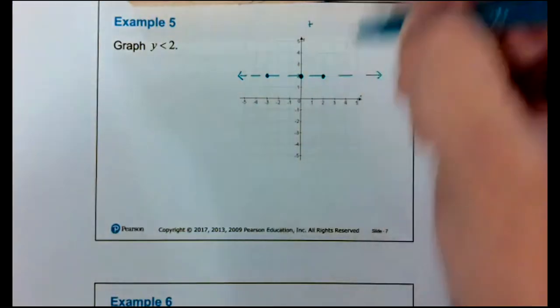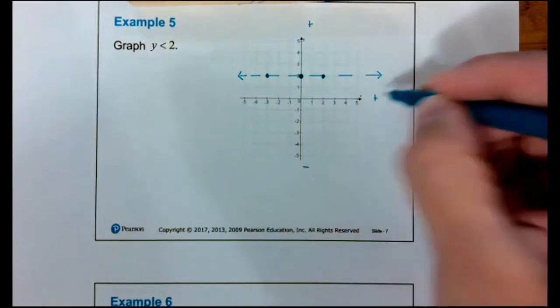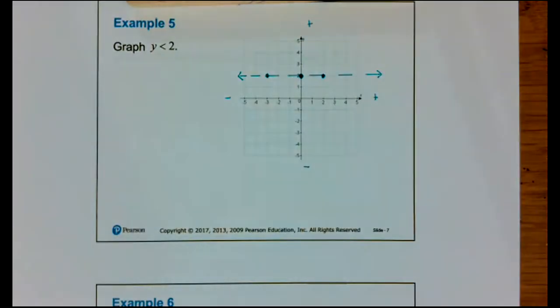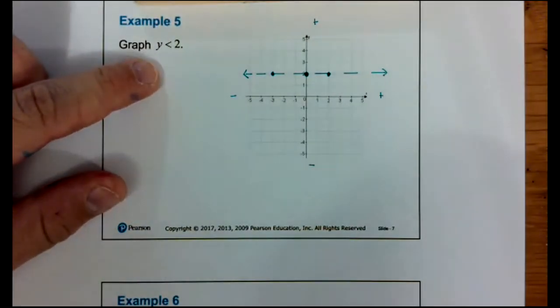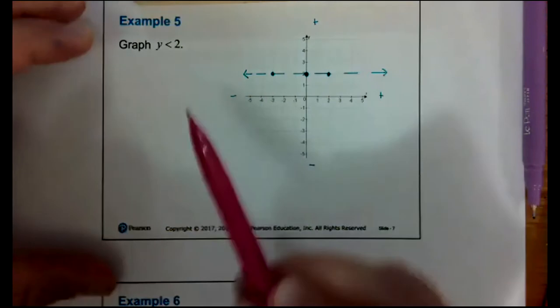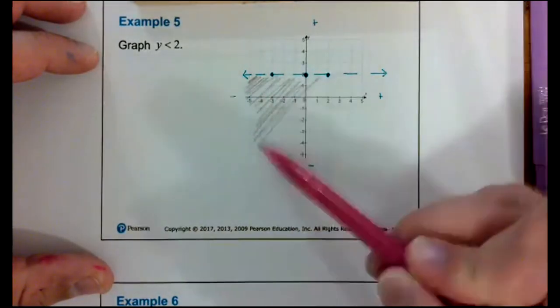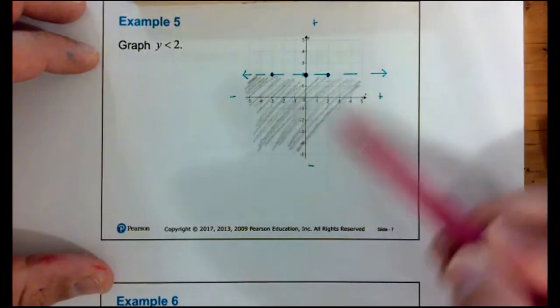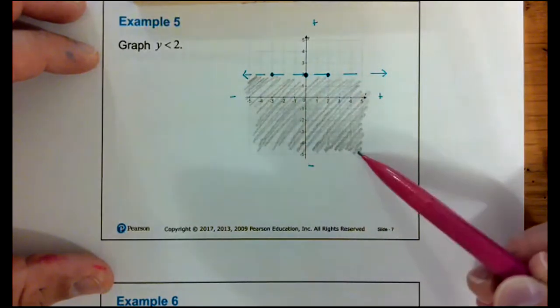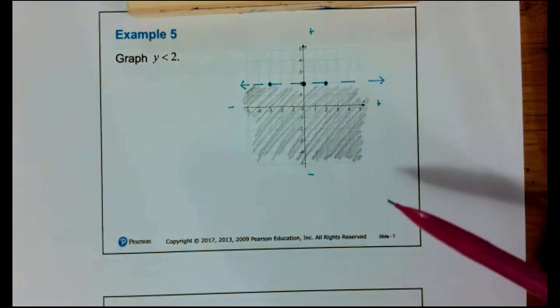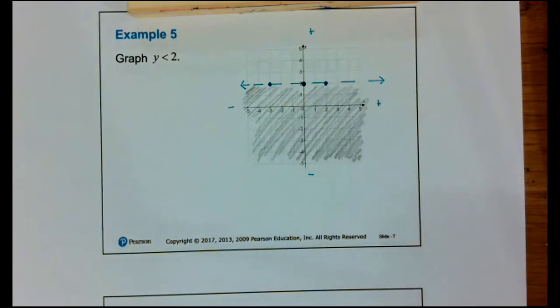This is positive y, this is negative y. So it's less than 2, so we're going to shade towards the negative y. It is a dashed line and it is shaded toward negative y.